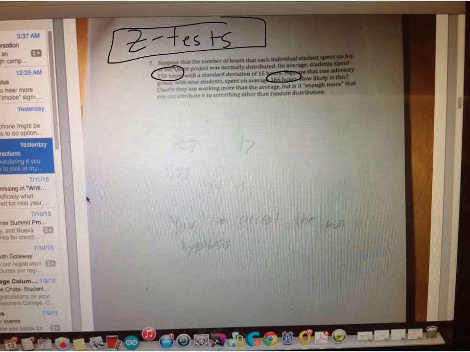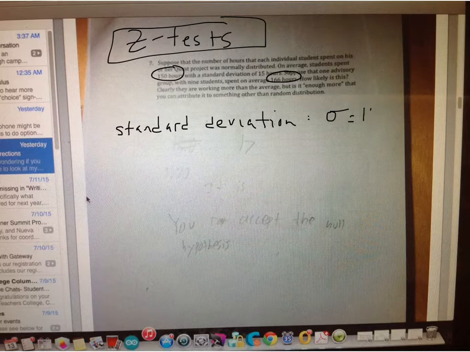So the standard deviation, which you're going to write as sigma, the standard deviation for each individual object, the standard deviation is 15.